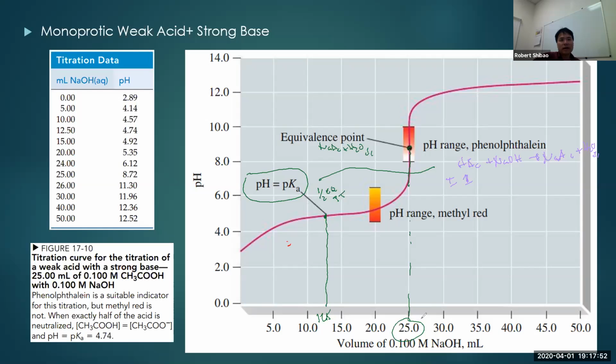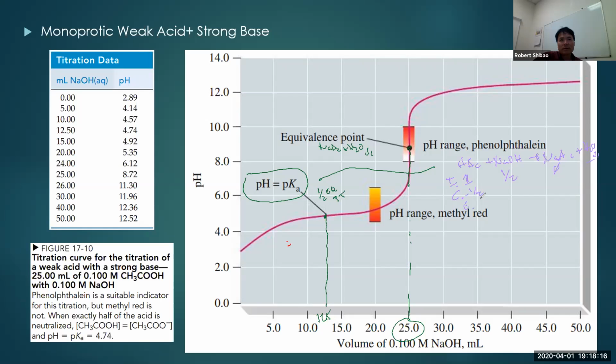A full equivalent of acid would be like 25 milliliters. And so I would just call it 1 for one full equivalent. And I neutralize half of that equivalent. I start with no sodium acetate, and water is a pure liquid. Sodium hydroxide is a strong base. Strong bases react to completion. So I'm going to lose half of my original.